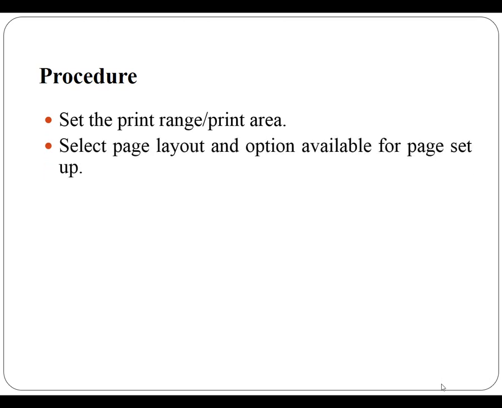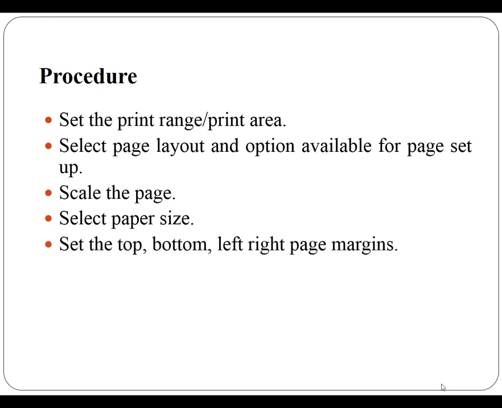On the ribbon or in the menu bar related to print options, select Page Layout and use the options available for page setup. Then choose the option for scaling the page. Select the paper size, then set top, bottom, left and right page margins. Then type header and footer if required.